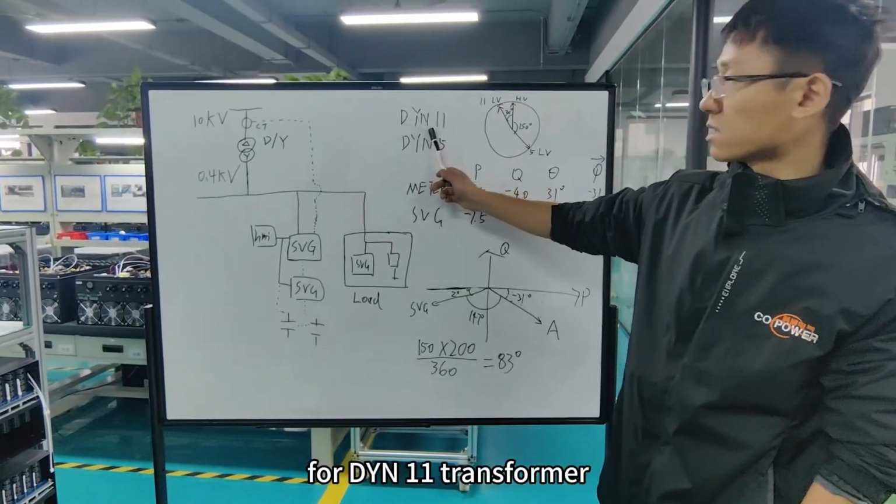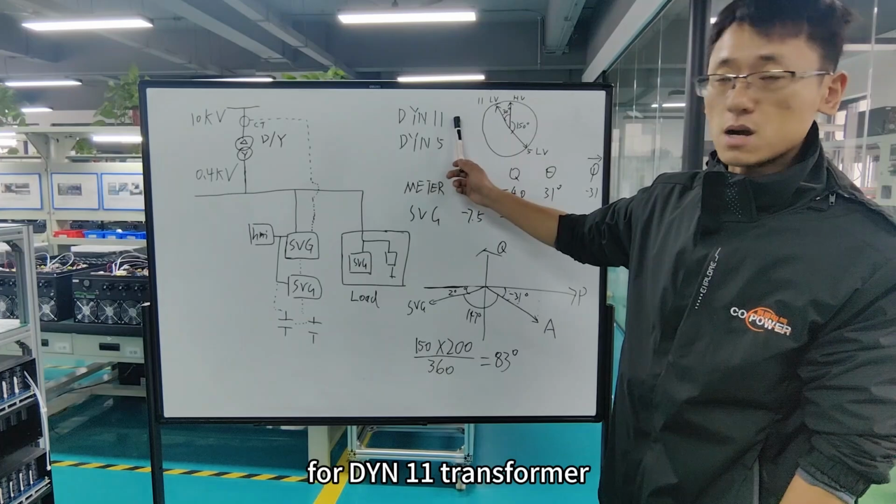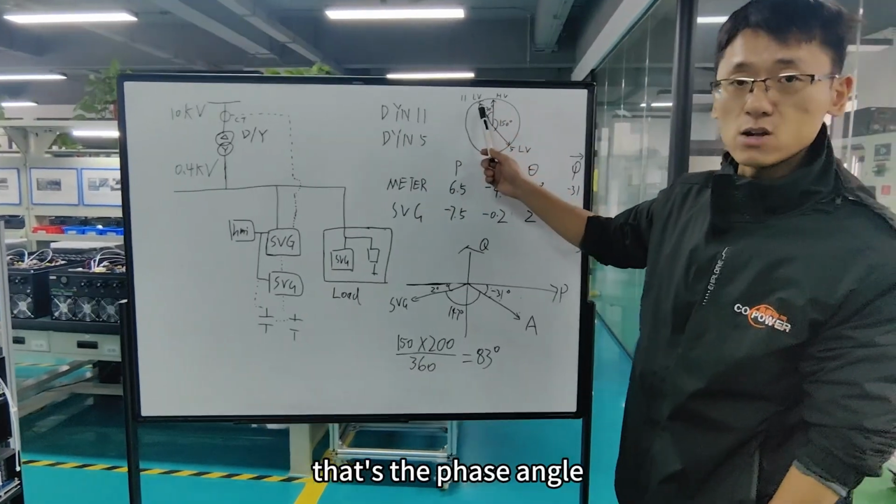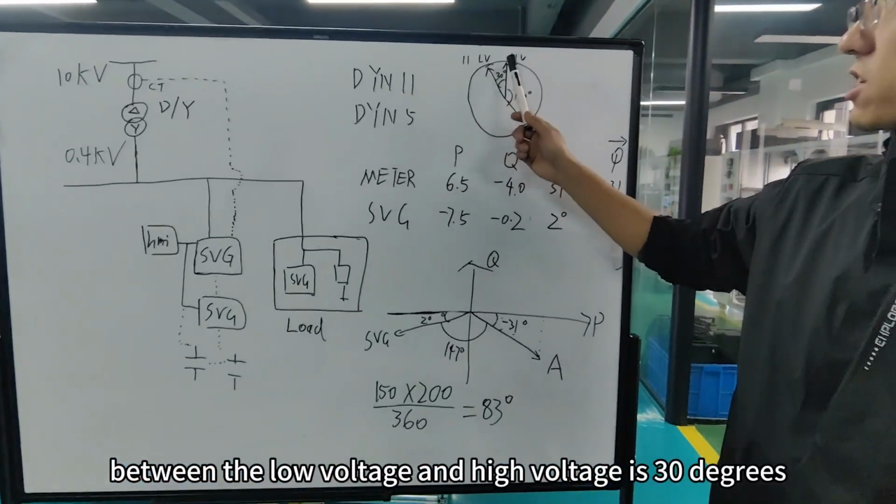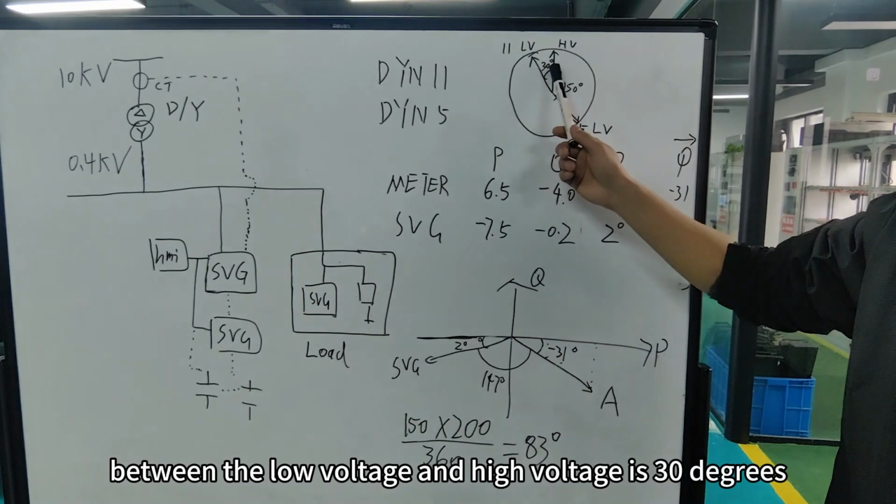For a DYN11 transformer, the phase angle between the low voltage and the high voltage is 30 degrees.